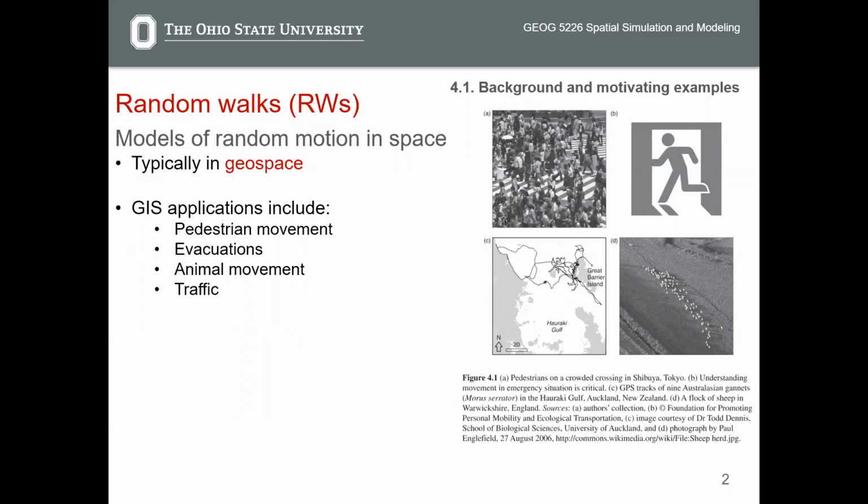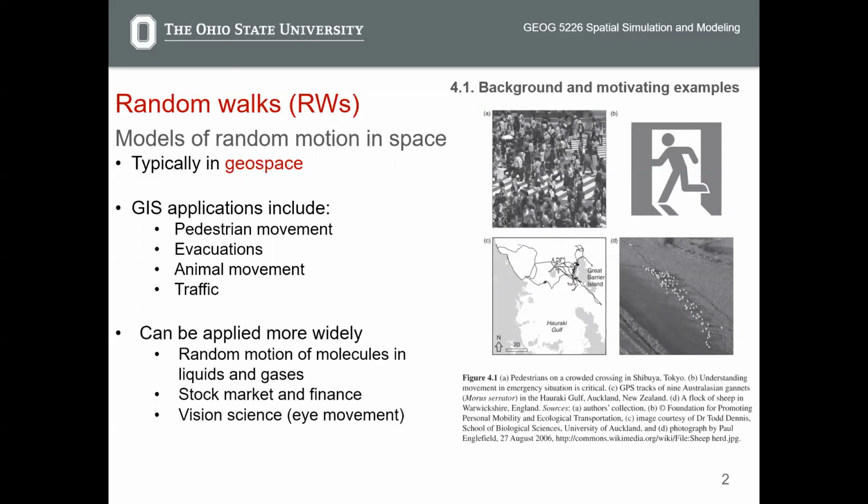So the GIS applications of RWs include pedestrian movement, evacuations in emergency situations, animal movement and animal foraging behavior, and traffic.